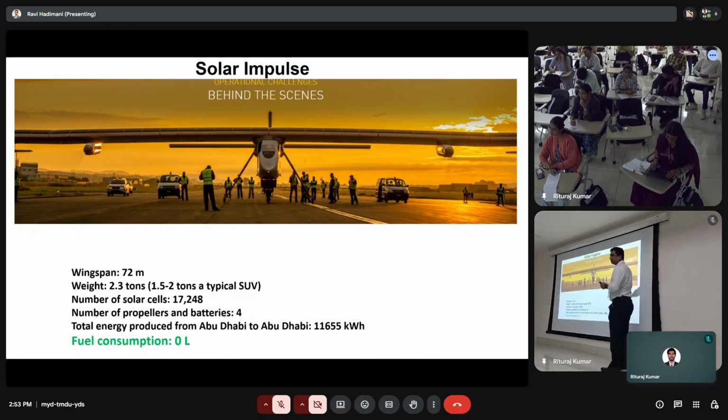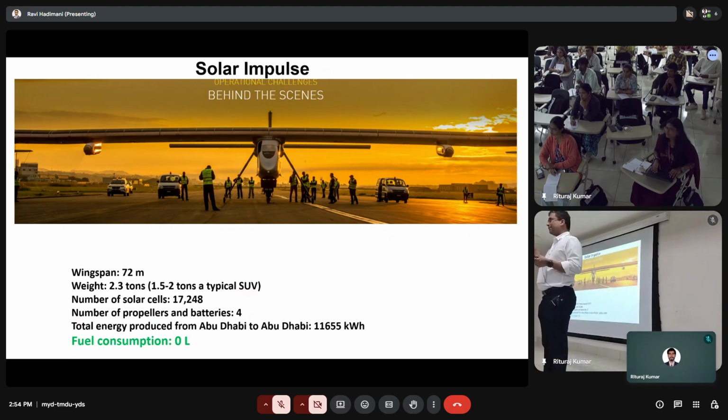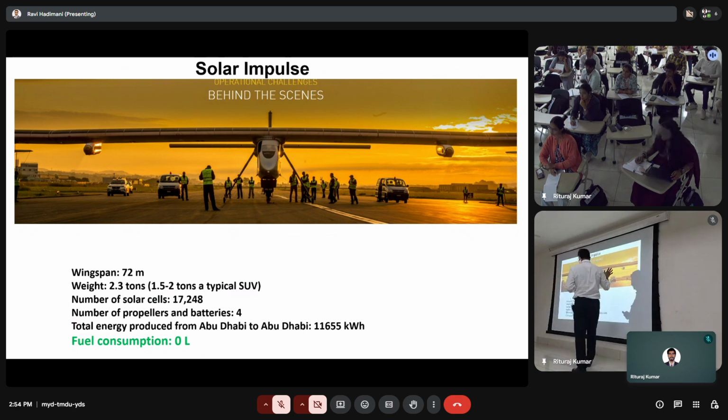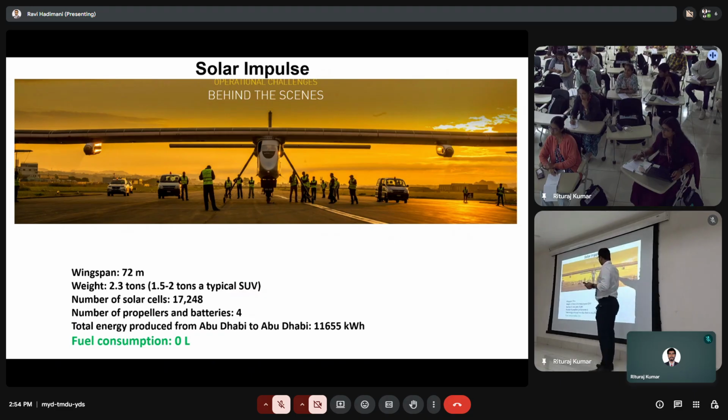Here is, how many of you have heard of Solar Impulse? This was a big thing in 2010 or 2012. It's an aircraft that's made completely out of composite. I think it's 100% composite, but I wouldn't say 100% because solar cells can't be composite.